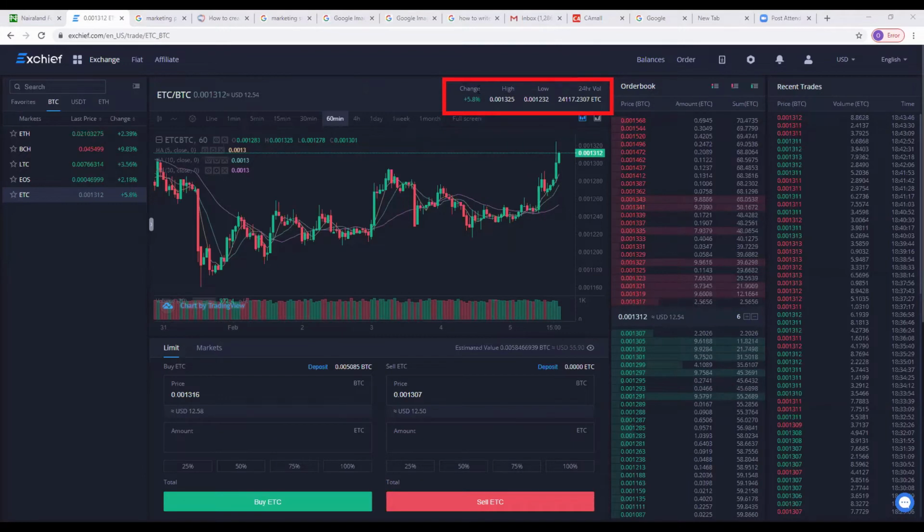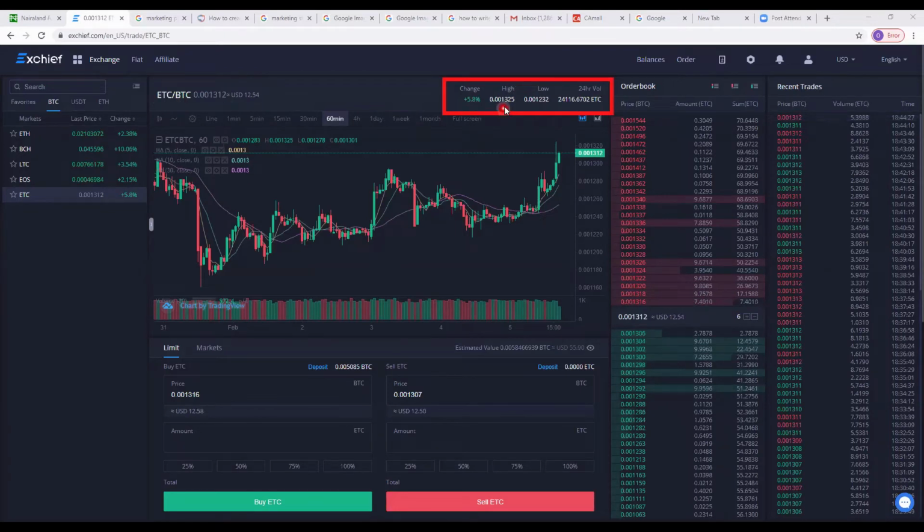What this change basically means is that for this particular trading pair, that is the Ethereum Classic and Bitcoin trading pair, there's an upward movement. Currently, it's a 5.72 percent increase. So that is what this change means. Now, the high and lows are basically the price brackets within this 24-hour period that this trading pair has seen.